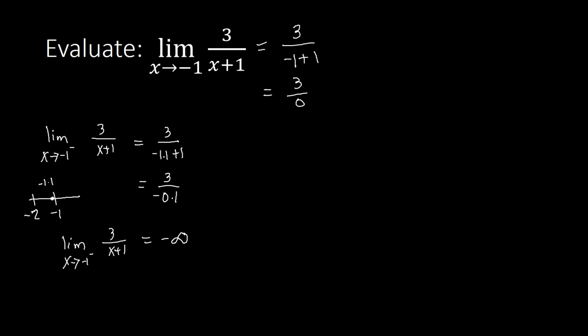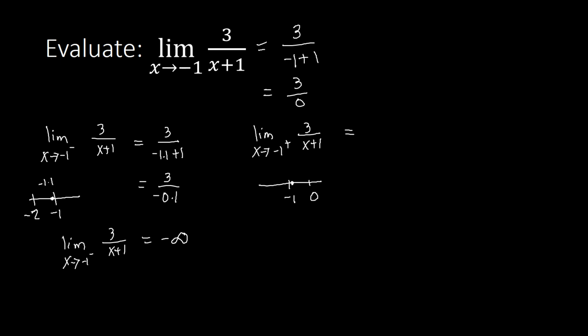So let's test our right-hand limit. We have the limit of 3 over x plus 1 as x approaches negative 1 coming from the right side. Because this would lead to 3 over 0 once we substitute negative 1, we will be choosing a number from the right side of negative 1. If this is the position of negative 1, on the right side of it is 0.